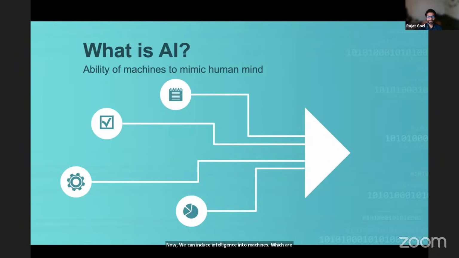But basically, it means that we want machines to mimic human mind. Why human mind? Well, humans are known for their brains. They are like most evolved species on this planet. And if we have machines that mimic human minds, we have artificial intelligence.